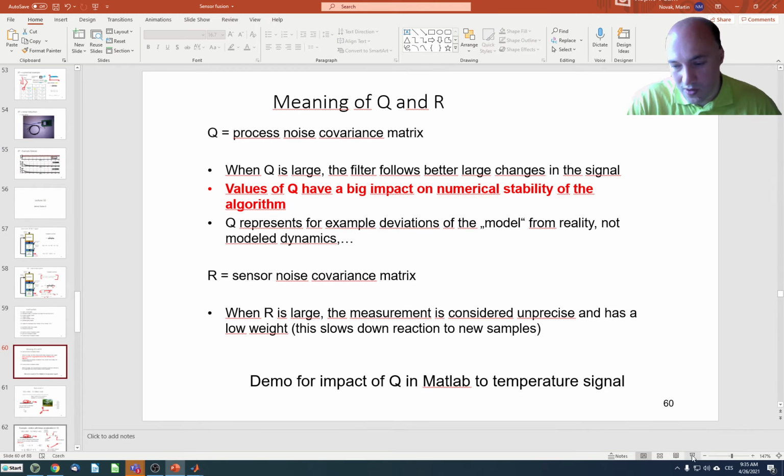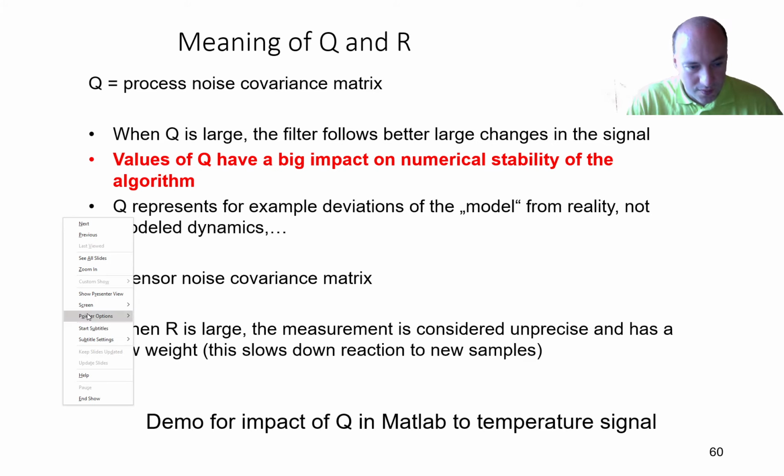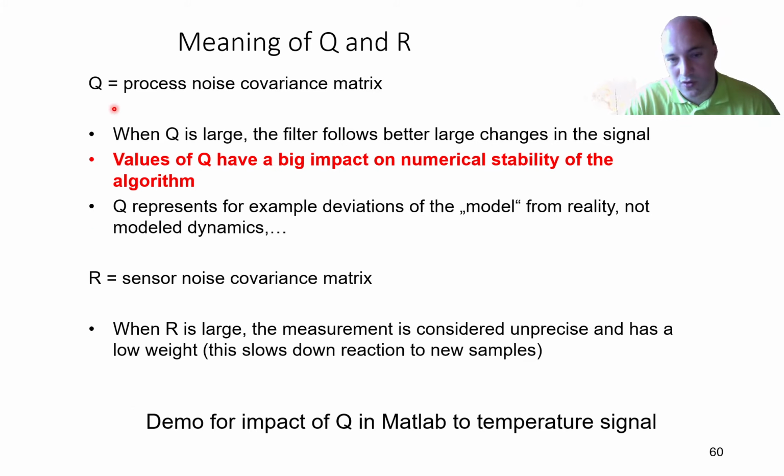Let's take a look in more detail at the meaning of the individual matrices Q and R. The matrix Q, the so-called process noise covariance matrix, has an influence on how well the signal in the Kalman filter will follow the real changes in the signal. So if you have a large value of Q, then the filter will follow large changes in the signal better.